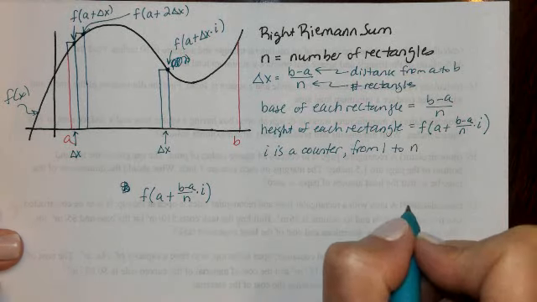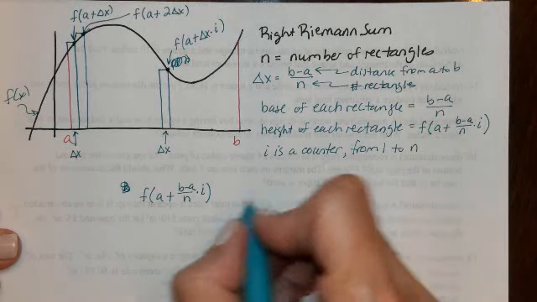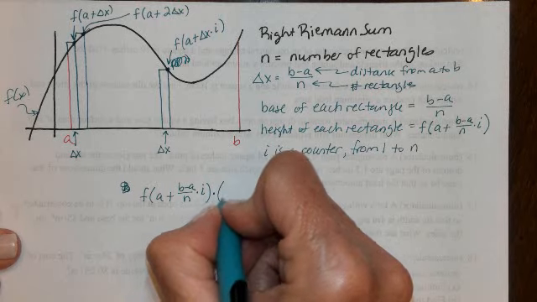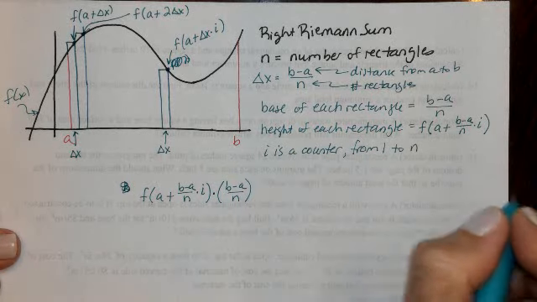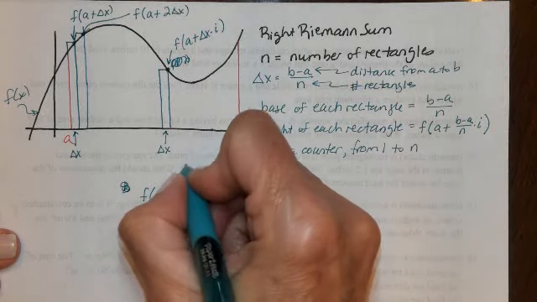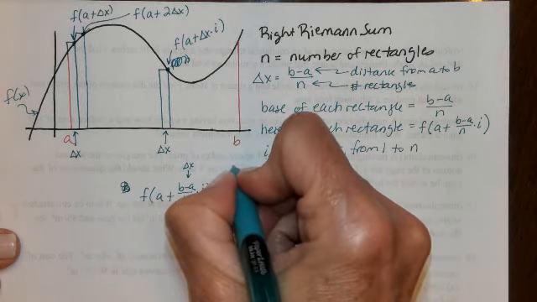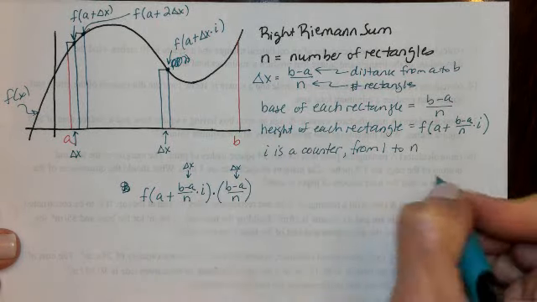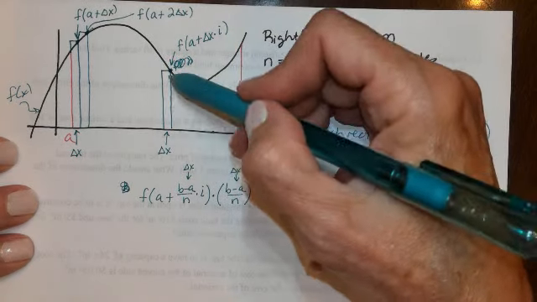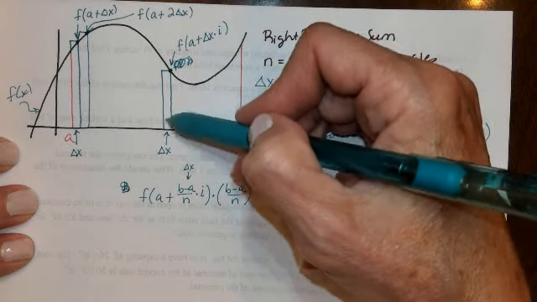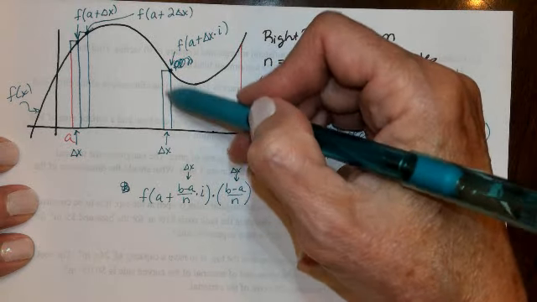That's the height of my rectangle, times b minus a over n. That's my delta x, right? Remember that this is delta x each time. That's the area of one rectangle. That's the area of this rectangle, yeah? For any i.